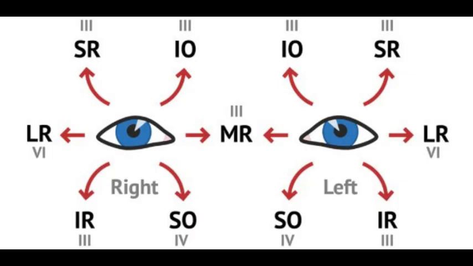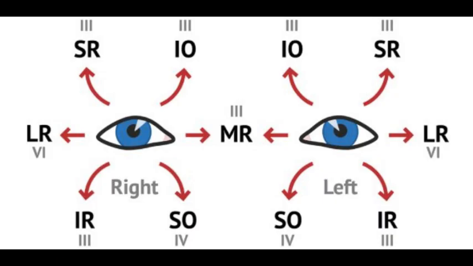The first is the superior rectus, and the second is the inferior rectus muscle, right? So now, if the eye is abducted and elevated, that triggers the superior rectus muscle. So you can actually see the full action of the superior rectus muscle when the eye is abducted and elevated. If the eye is abducted and depressed, you can see the full action of the inferior rectus muscle.